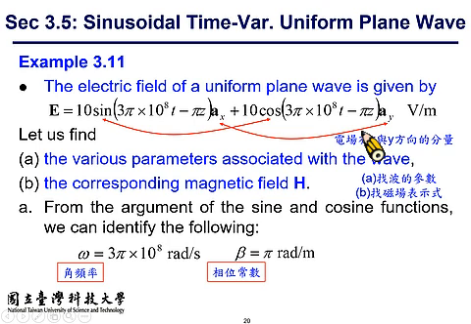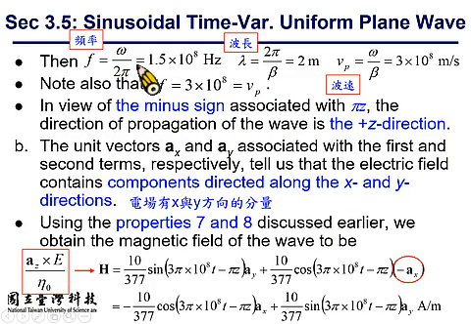And in example 3.11, we are asked to find the variable parameters associated with the wave. As you can see, we already defined a couple of them, and find the corresponding magnetic field expression H. The frequency, as we have shown on the blackboard, is 1.5 times 10 to the 8th. The wavelength is 2 meters, which is in the form of 2 pi over beta.